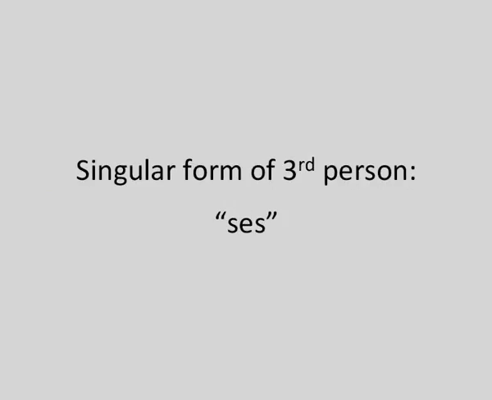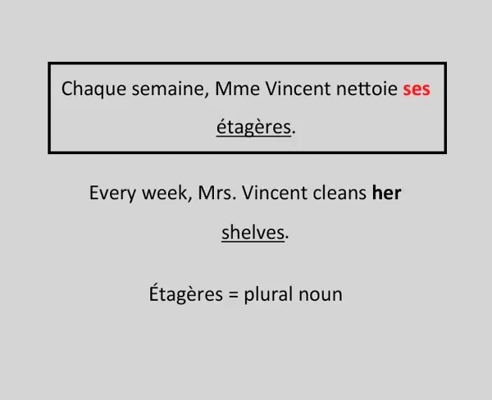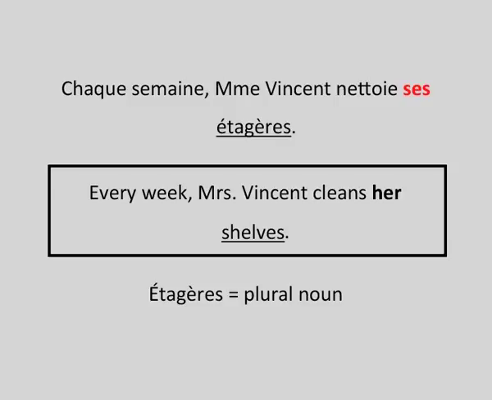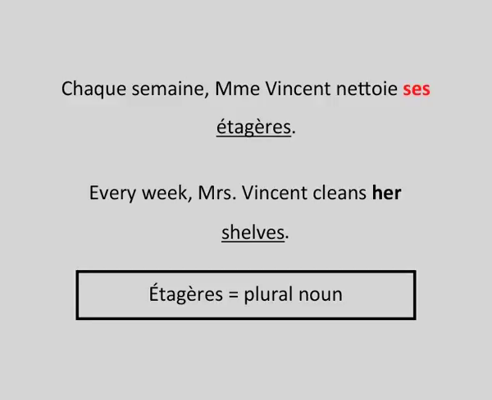Now I'll show you how to use ses. Chaque semaine, Madame Vincent nettoie ses étagères. The English translation of this sentence is every week, Mrs. Vincent cleans her shelves. Étagères is a plural noun and hence the possessive adjective that precedes it must also be plural.